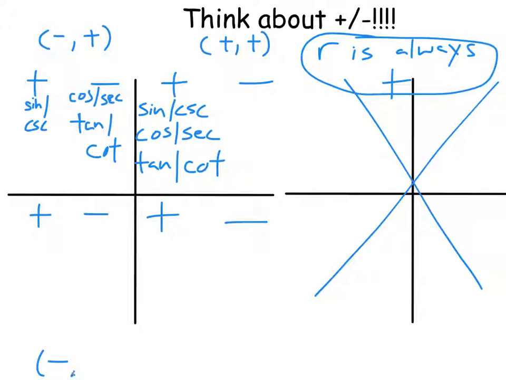Down in quadrant number 3, you might think that it's always going to be negative because both coordinates are negative, and it almost is. Sine and cosecant are negative. So is cosine and secant. But here's something that's kind of interesting.